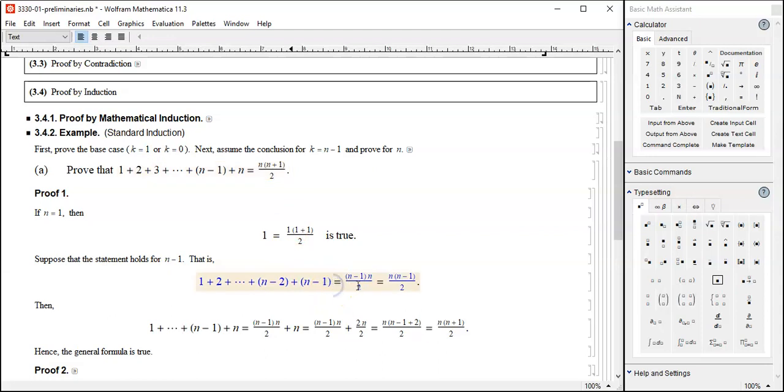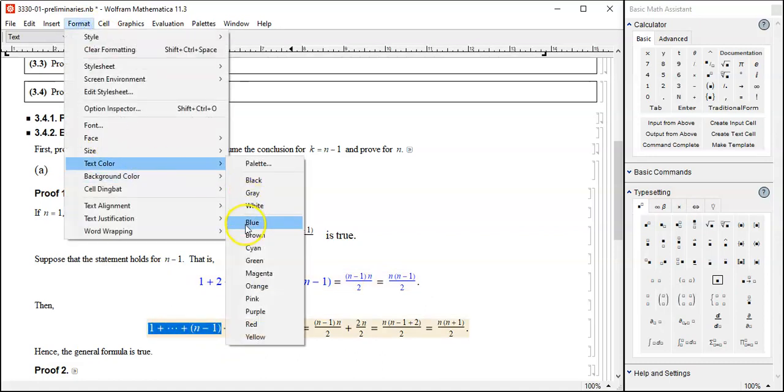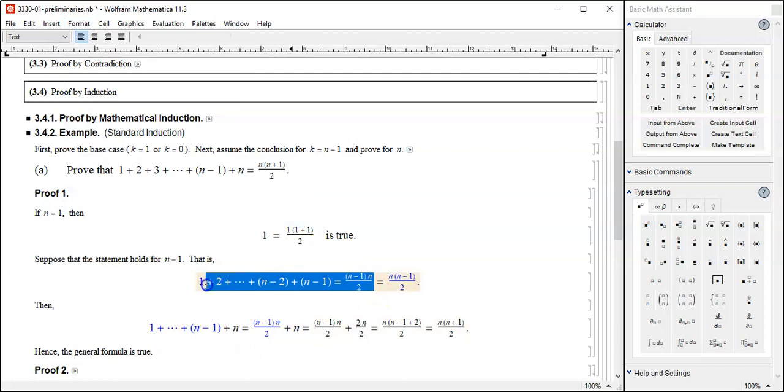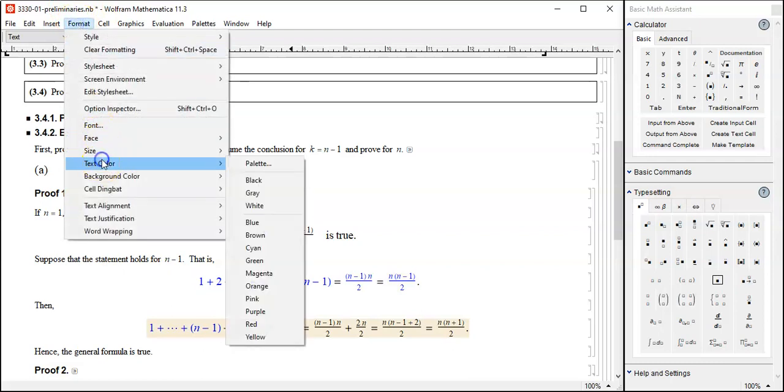So up to n minus 1 it works out. Let's suppose that. And then that gives me this equality. And then we add n to both sides.